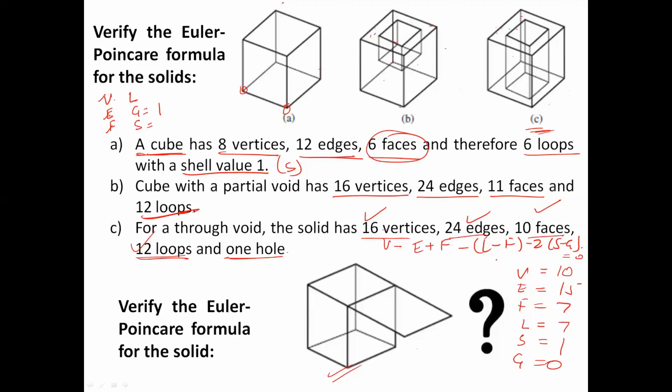It means that the Euler-Poincare formula doesn't look into the features of CAD validity. That is, if the Euler-Poincare formula is satisfied, it doesn't mean the model will be a valid model. It only means that the topological equivalence has been established.